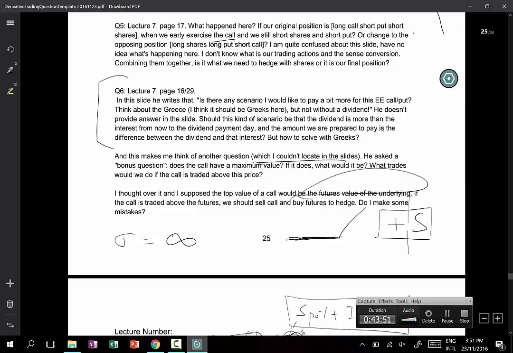So if you buy a call, what is your worst case? Your worst case is your call is out of the money and you don't get a chance to exercise. If the call option premium was even higher than the stock, why would you even buy the call?